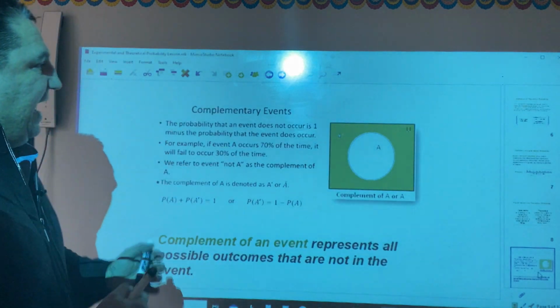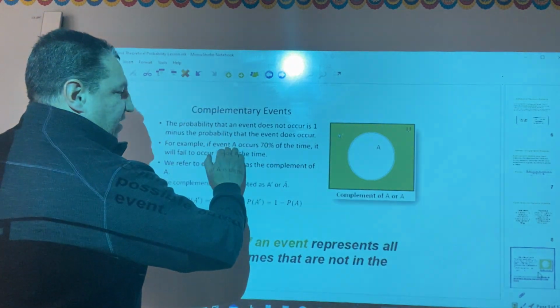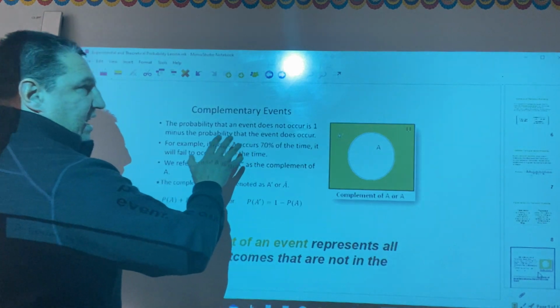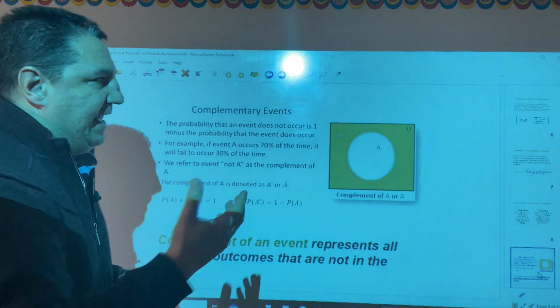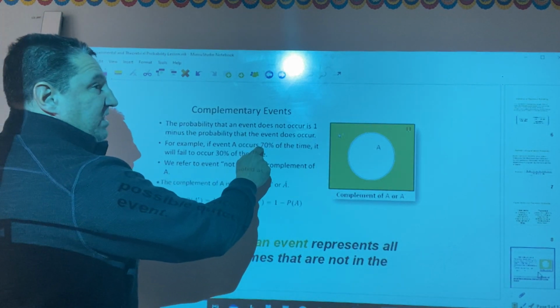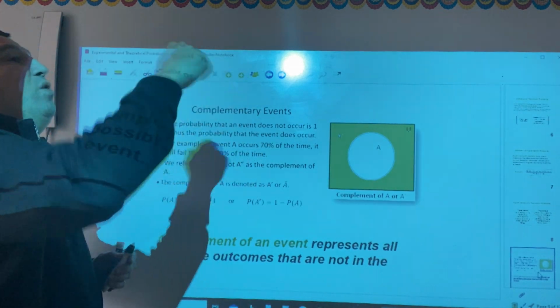The event that A occurs is the event itself, but its complement is the event that A will not occur.